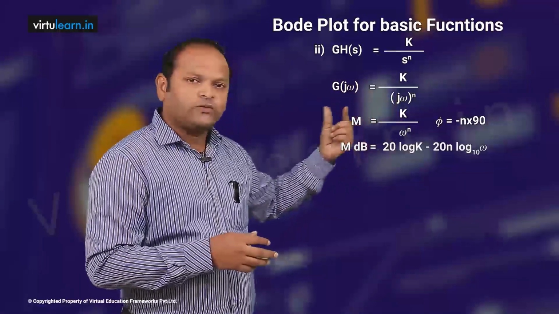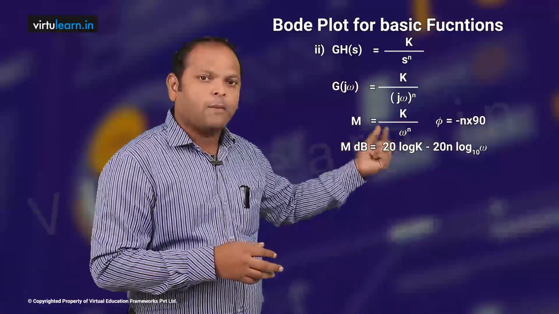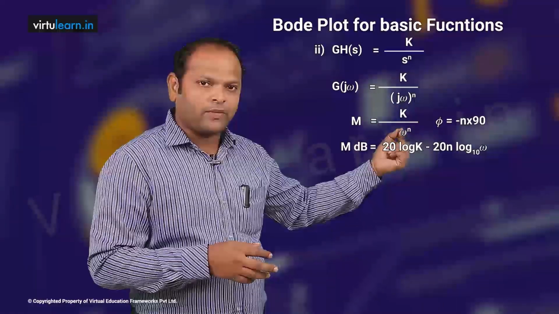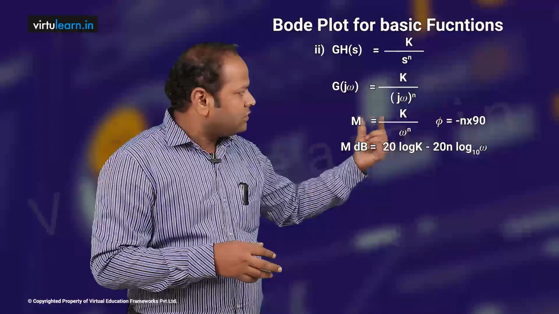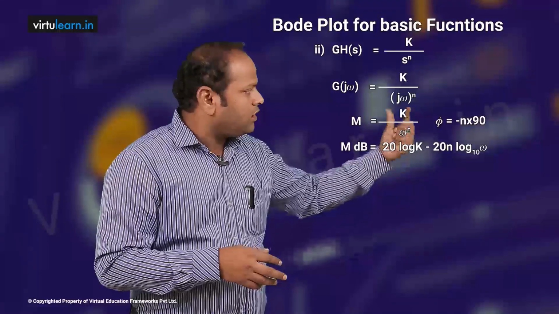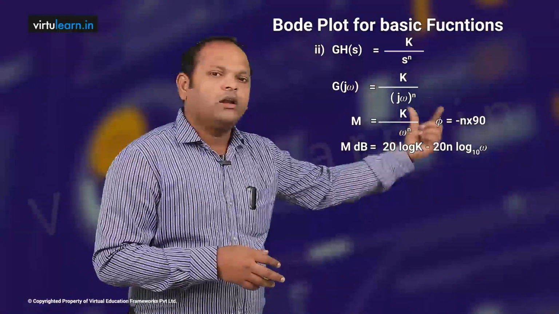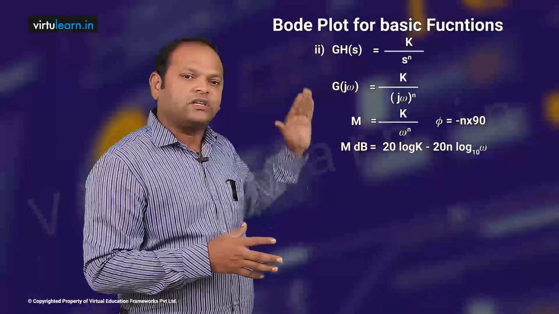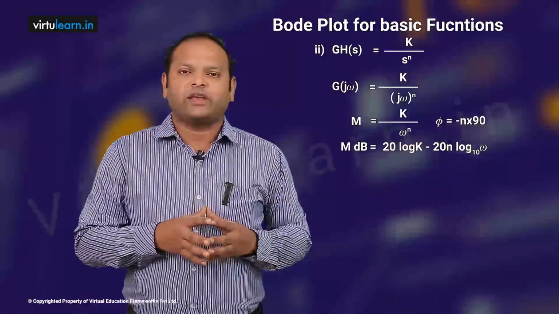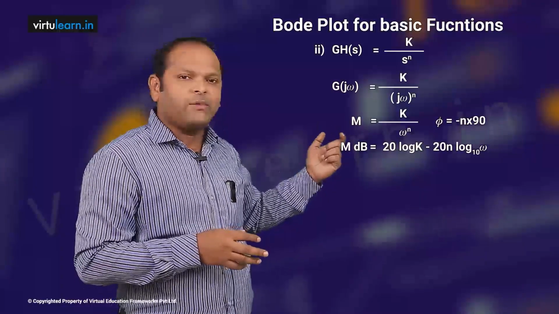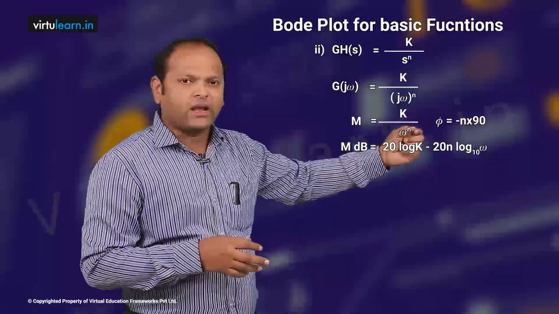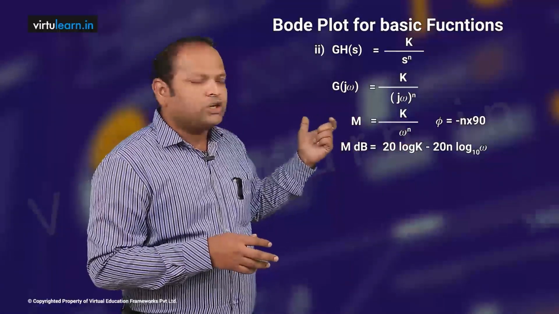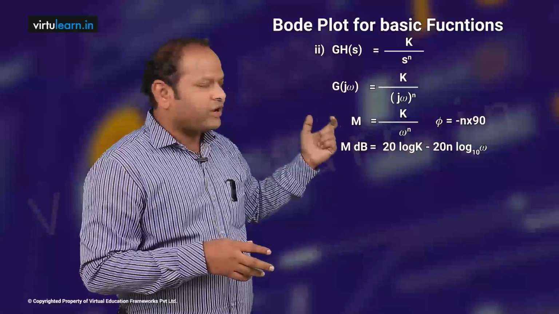The numerator we take directly, 20 log K, minus, because in the denominator I have omega power n, so minus 20 n log omega. This is the M dB expression for the term K by s power n. For different values of omega we can find it here.